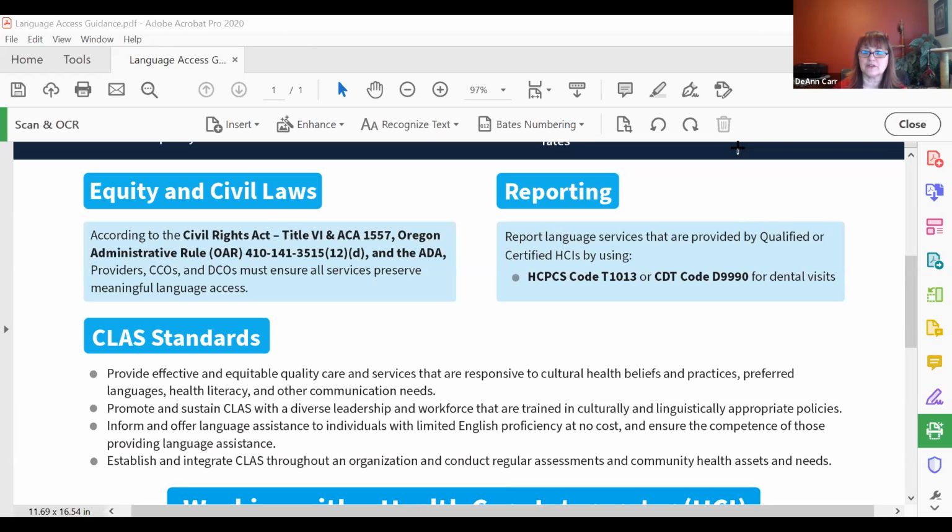So it's just a good reminder that a client may have two different identifying numbers, and making sure that you actually have their Oregon Health Plan number so that the interpretive services can confirm that they are a YCCO member. And then they also use that number for purposes of billing.